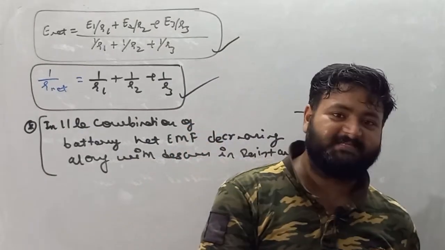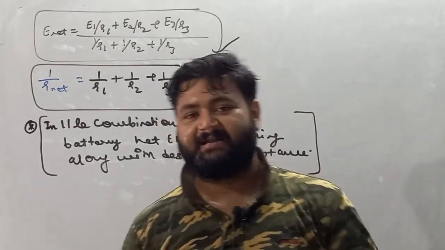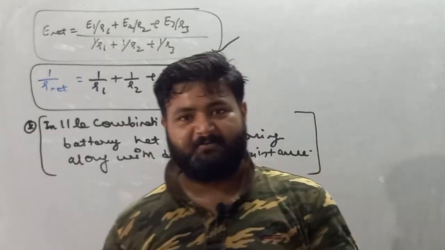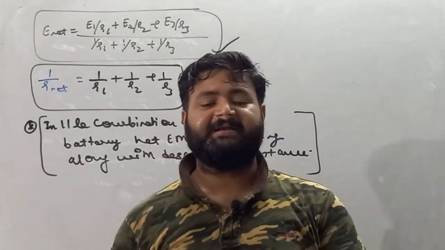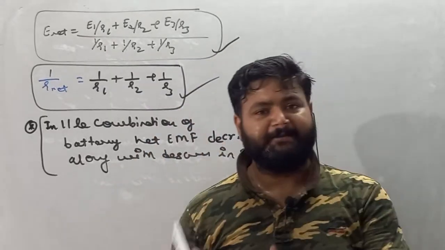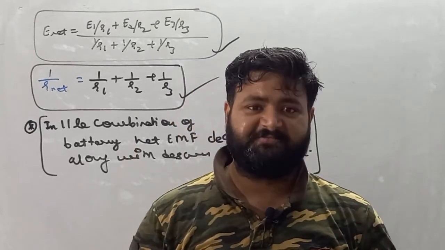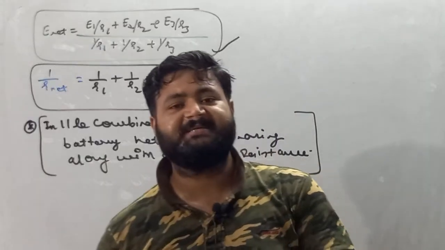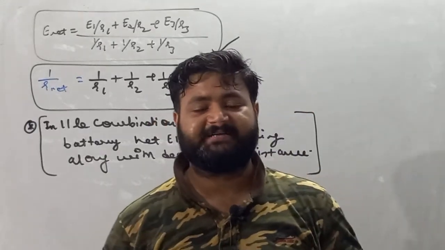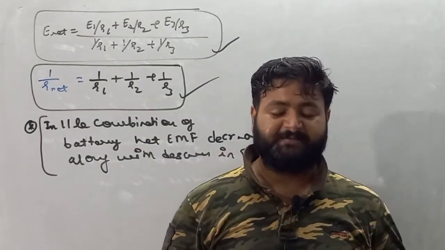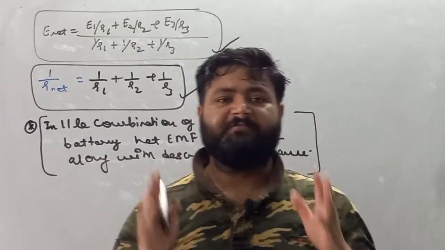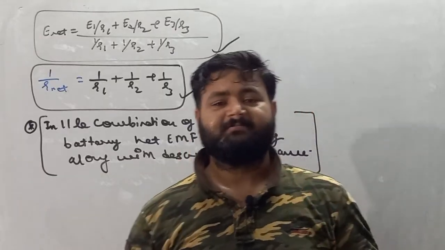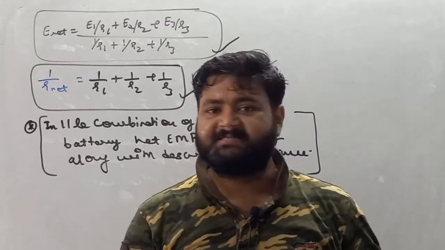Remember, one is series combination and the other is parallel combination, and all the devices which are operated with the help of battery are always operated in mixed combination, because independent combination, that is either only series or only parallel, is not effective. That's why we'll take a midway path.